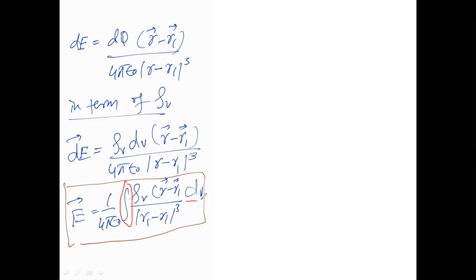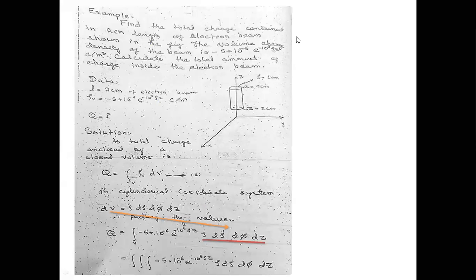This is the general derivation. Now in numerical problems it will be more clear how the different limits will be applied for this dv. So here we go, taking the example of the cylindrical coordinate system but for the volume charges.